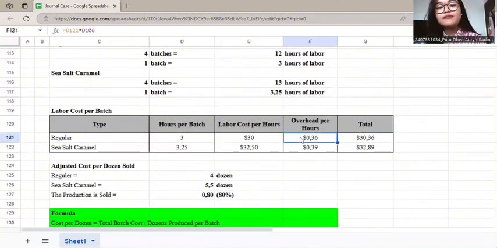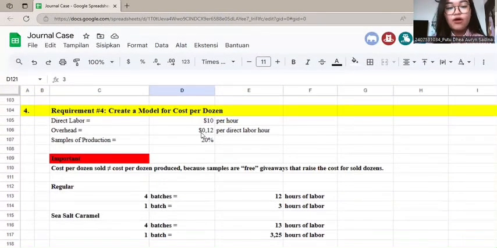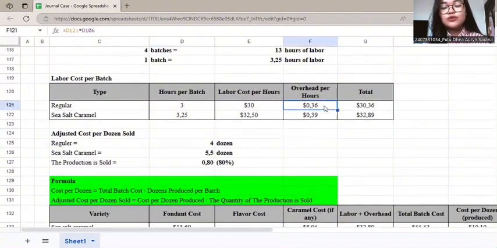For the overhead, we multiply the hours per batch by the overhead rate, so we get 0.36 for the regular and 0.39 for the sea salt caramel.